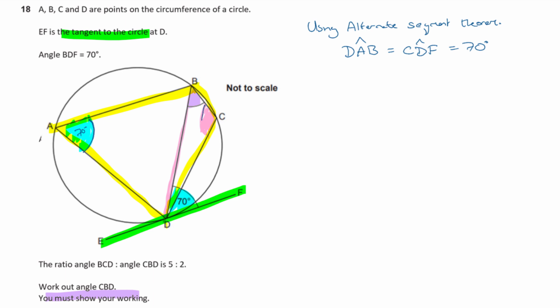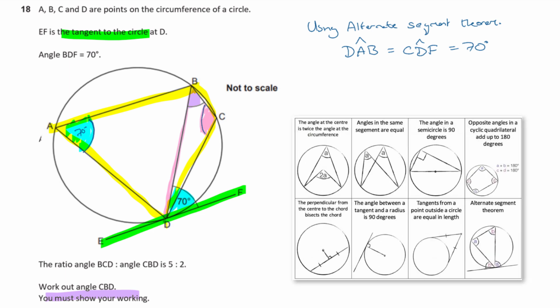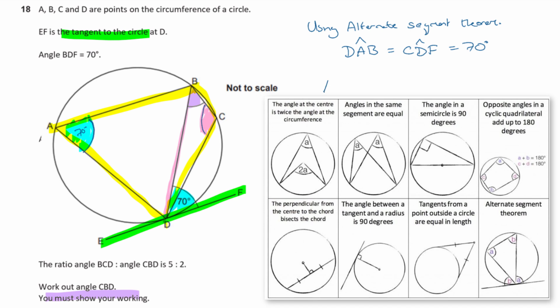I can find this one over here using the fact that ABCD is a cyclic quadrilateral. So I'm going to write that down. ABCD is a cyclic quadrilateral. And what that means is, again, if you look at your circle theorems, in a cyclic quadrilateral, opposite angles sum to 180.